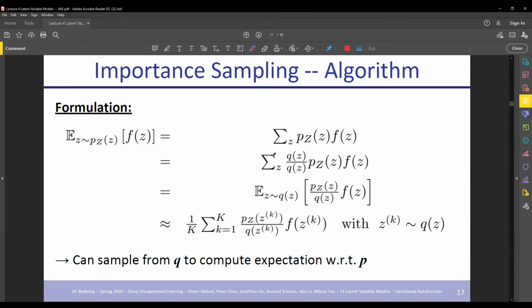Well, apparently there's this technique called importance sampling where, mathematically, we divide and multiply by another distribution, say Qz of z.